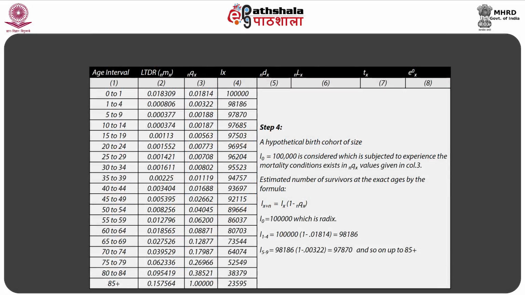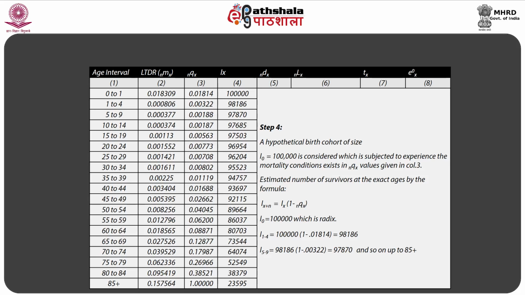A hypothetical birth cohort of size small l naught equals 100,000 is considered, which is subjected to experience the mortality conditions that exist in nqx values given in the column number 3. Estimated number of survivors at the exact age by the formula lx plus n equals small lx multiplied by 1 minus nqx. l naught equals 100,000, which is radix.